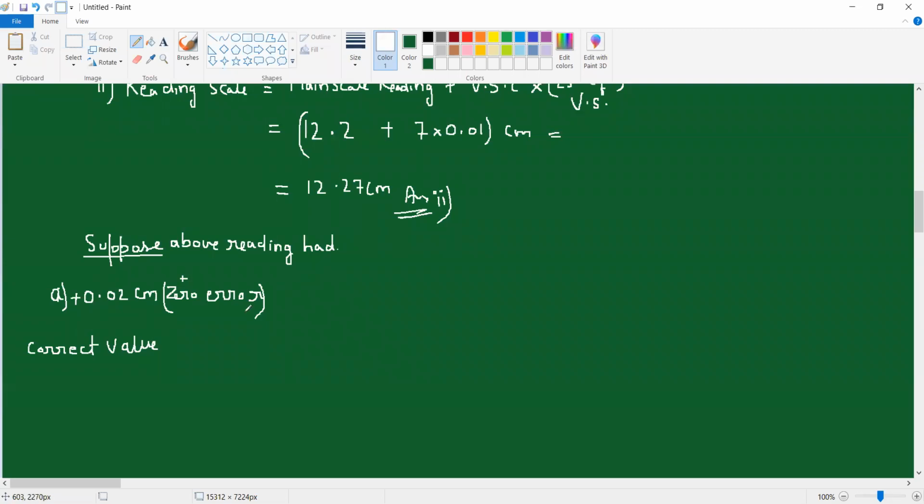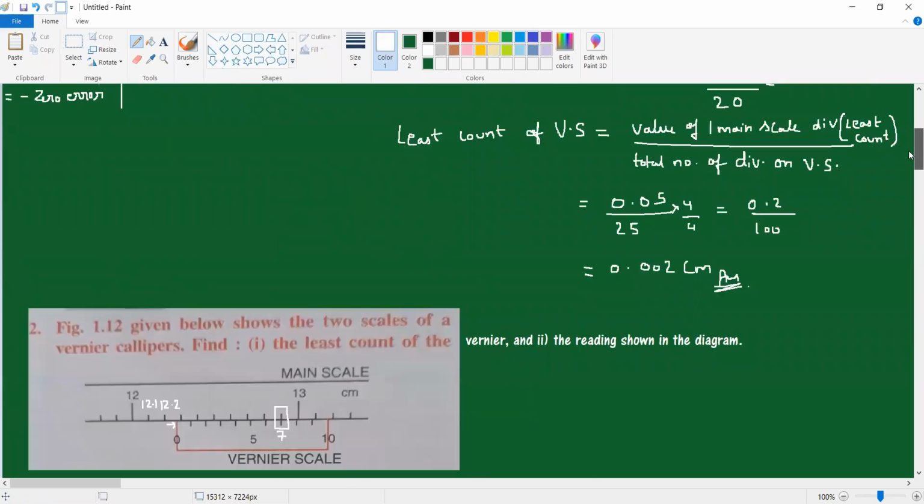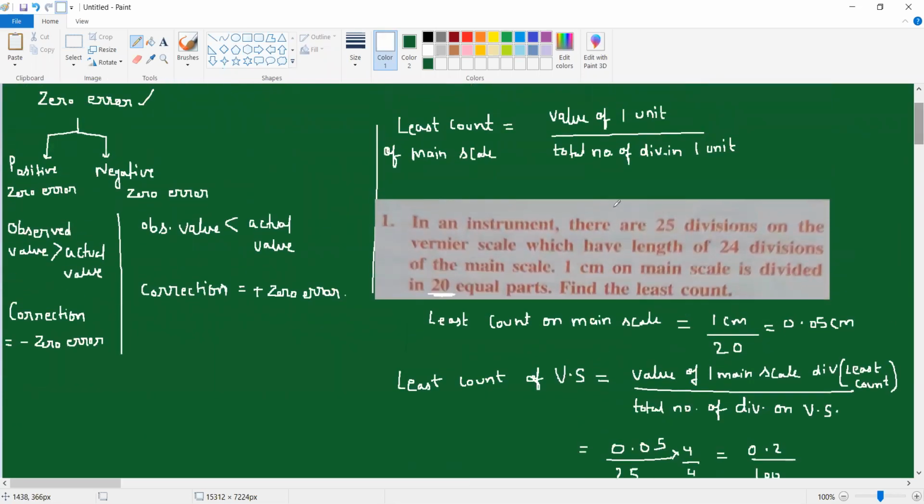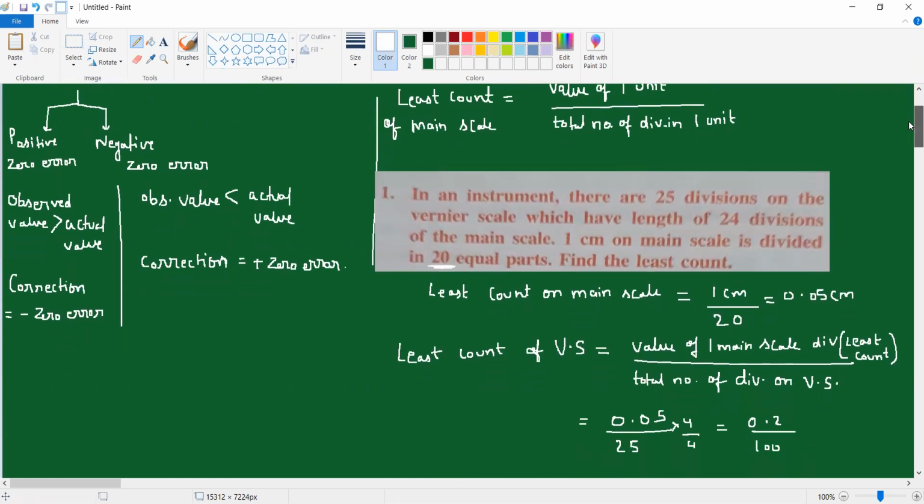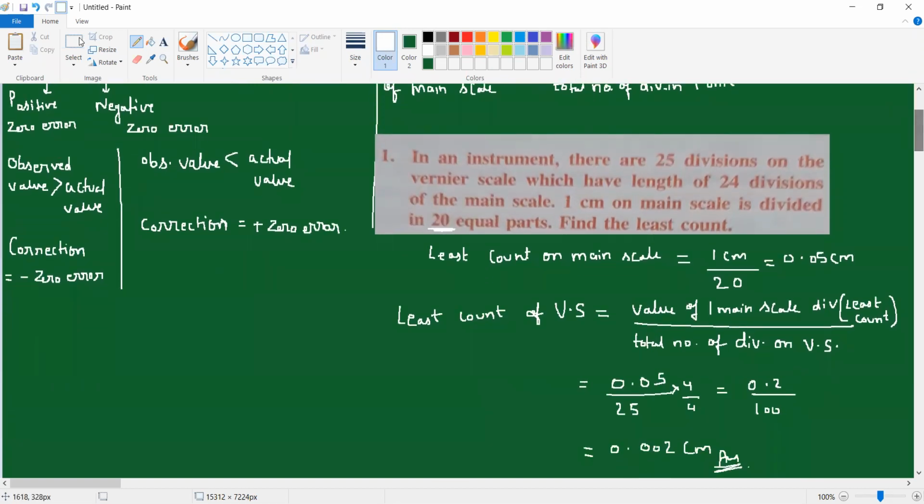We have just discussed, no? What we have discussed above. If there is positive zero error, for correction we subtract zero error from the observed value. So, I'll write it here more clearly. Corrected value is observed value minus zero error.